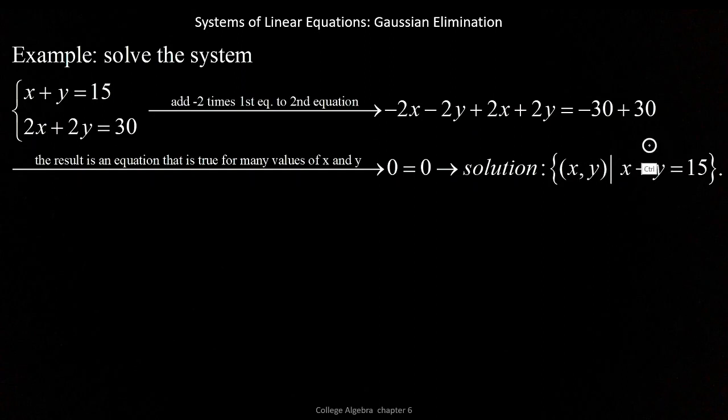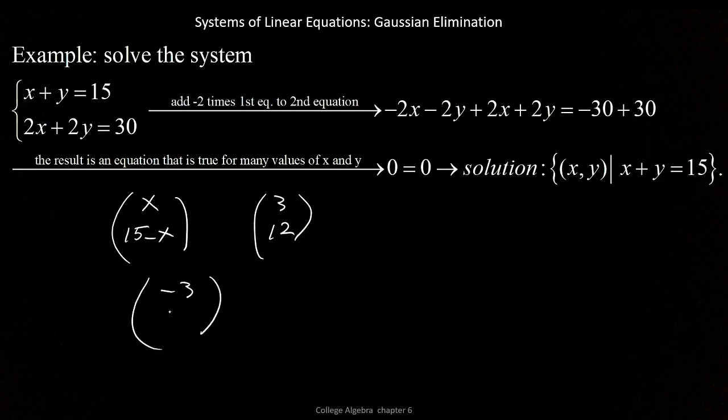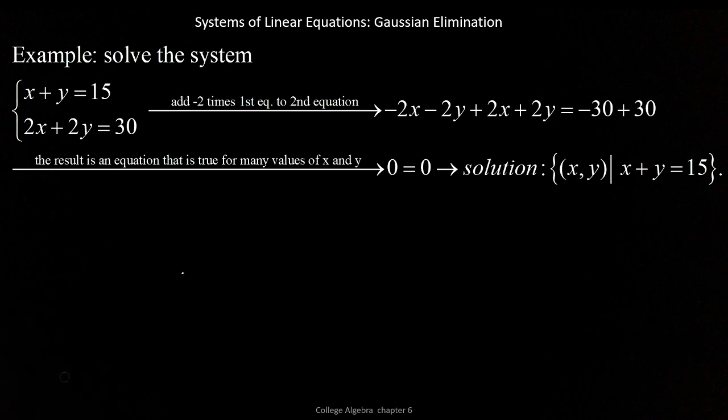They all look like that: x and 15 minus x. So you come up with a number for x, let's say 3. Then 15 minus 3 is 12. Let's say you say negative 3. If x is negative 3, this has to be 18. 15 minus negative 3 is 18, right? That's how we find solutions. So this expression here produces the solutions.